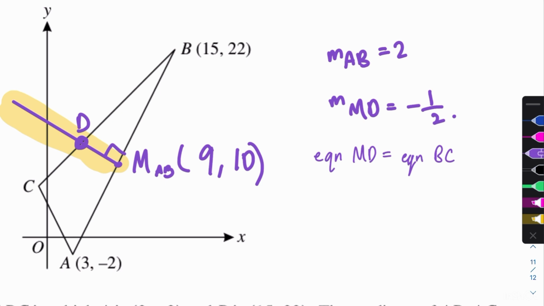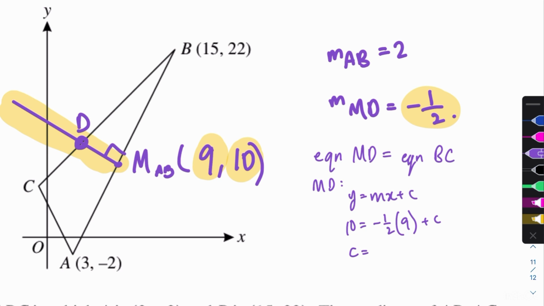Okay, so finding the equation of MD now. y equals mx plus c. Our m is negative half. Our y is 10 and our x is 9. So we're just going to put all of that into here. So 10 equals negative half times 9 plus c.